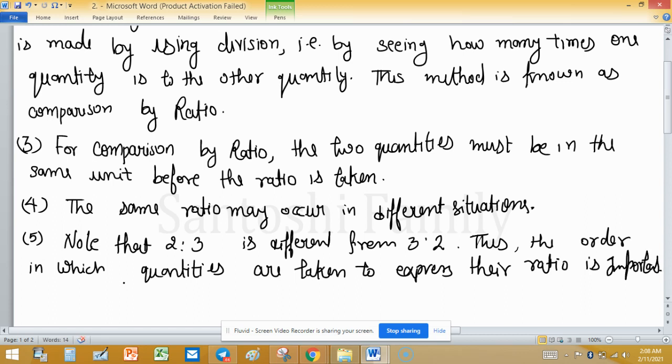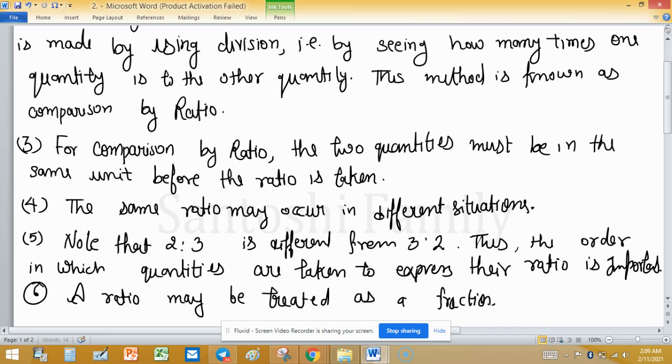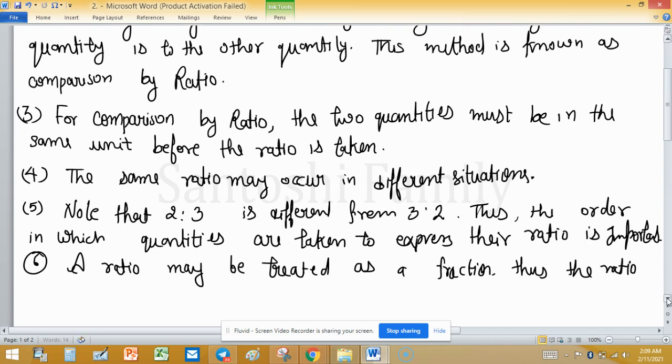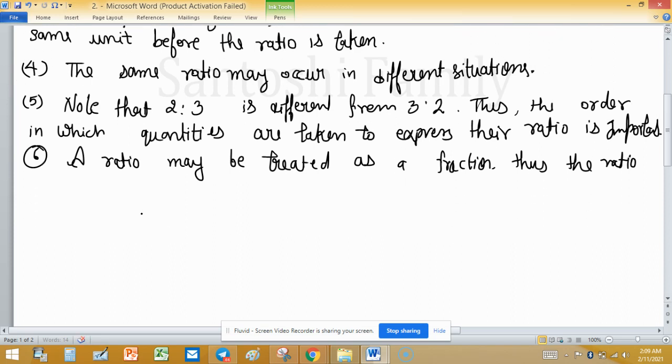A ratio may be treated as a fraction. Thus, the ratio 10 is to 3 may be treated as 10 by 3.